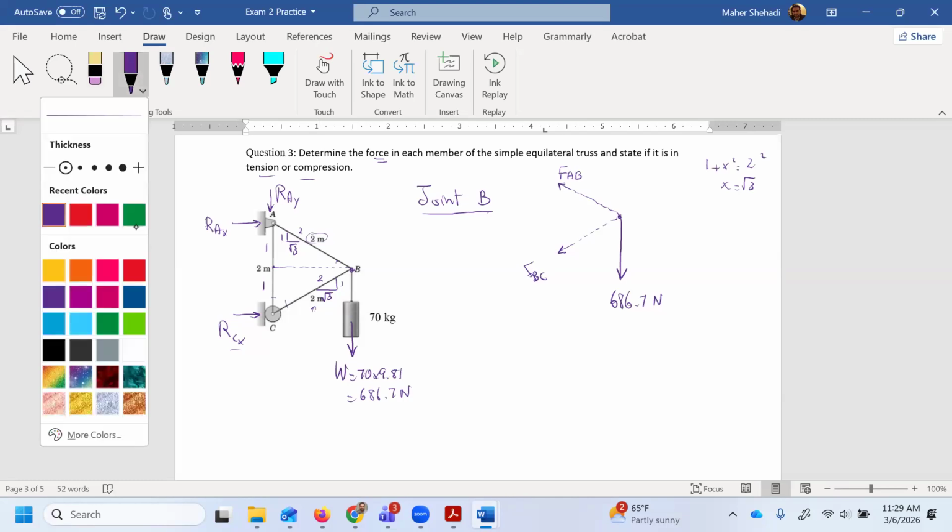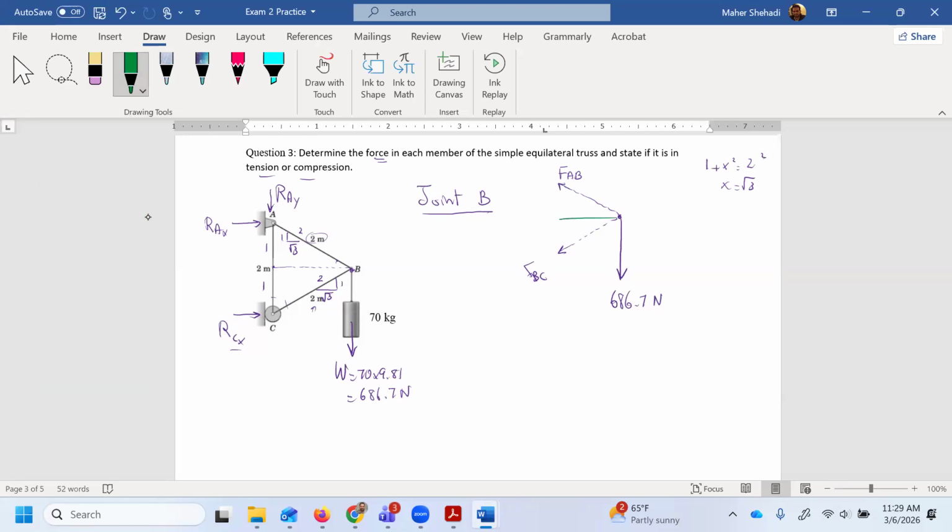I will take the components of each one. So I have FBC. I have the slopes here, so this one would be FBC. The x component is square root of 3 divided by 2. And FBC, the y component is 1 divided by 2.